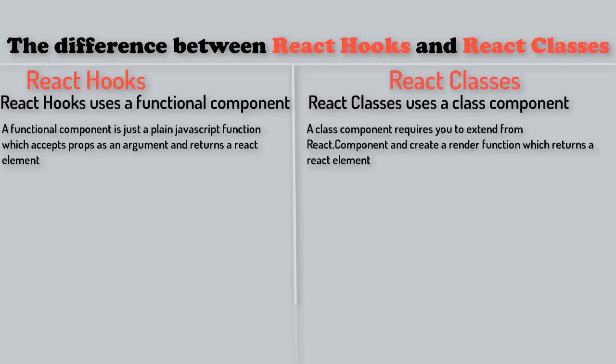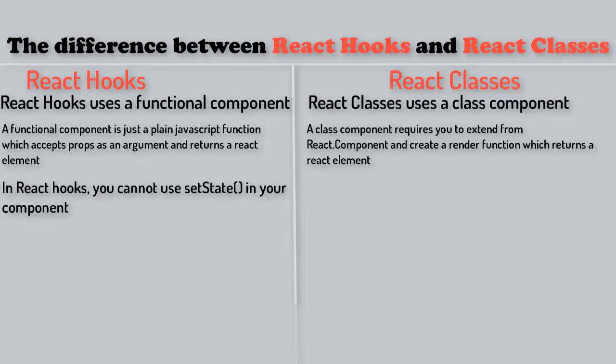While on the other hand, a React class component requires you to extend from React.Component and create a render function which returns a React element. I think that is clear enough. So another difference is this. In React hooks, you cannot use setState in your component.